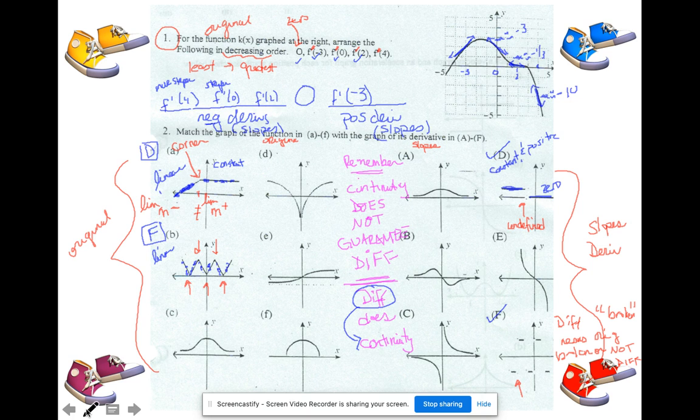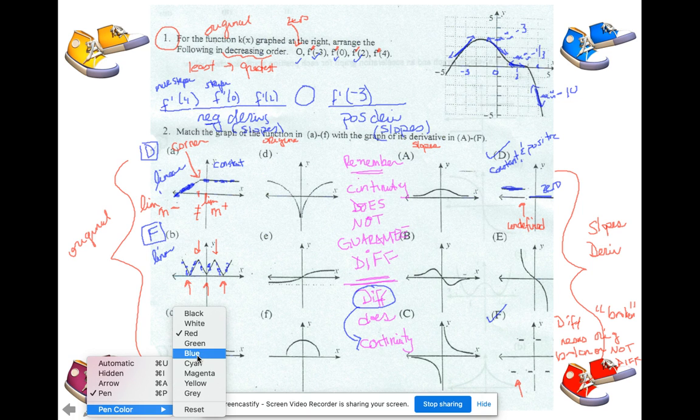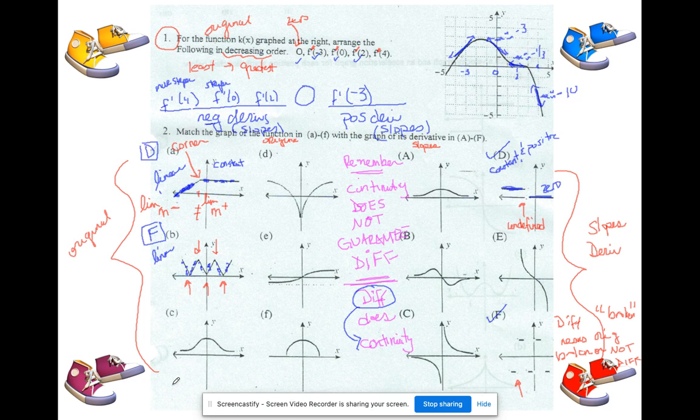C is smooth. So little c is a nice smooth graph. So you are expecting a nice smooth graph is differentiable. So its derivative graph should be continuous. So let's think about our tangent lines.